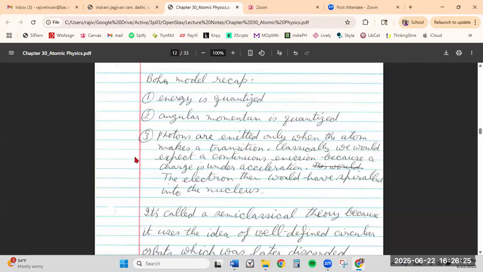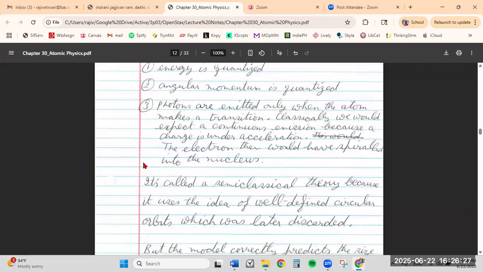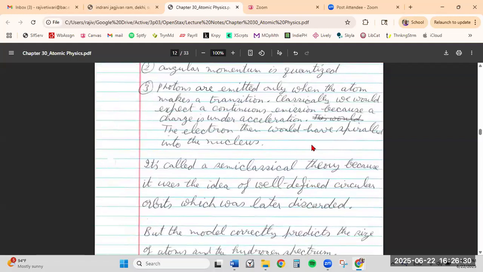Classically, we would expect a continuous emission because the charge is under acceleration, and the electron would then lose energy and spiral into the nucleus. But the presence of stable atoms suggests that inside an atom, these electrons, even though they're accelerating, are not continuously losing energy. They lose energy only when the atom moves from a higher energy level to a lower energy level.